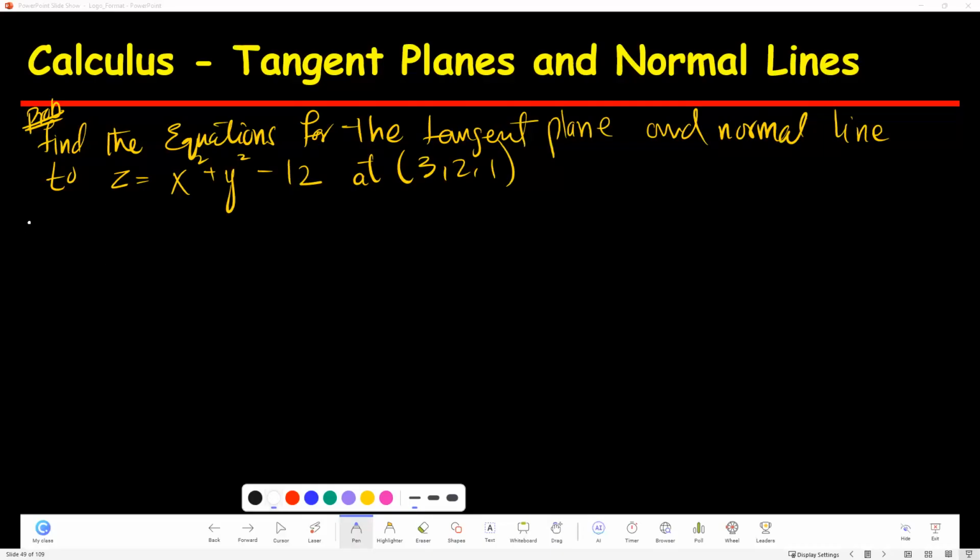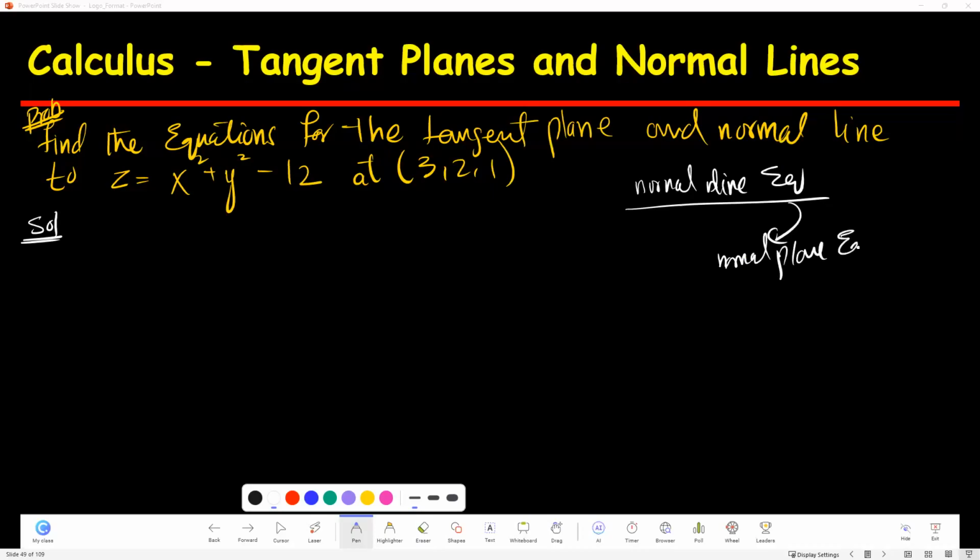Now, one question before we move forward with this problem. Sometimes students ask if the problem is only asking about the normal line equation, right? Technically speaking, you must need a normal plane equation, or at least you need to do the gradient because you need A, B, C. This A, B, C is not given unless you find the plane equation.